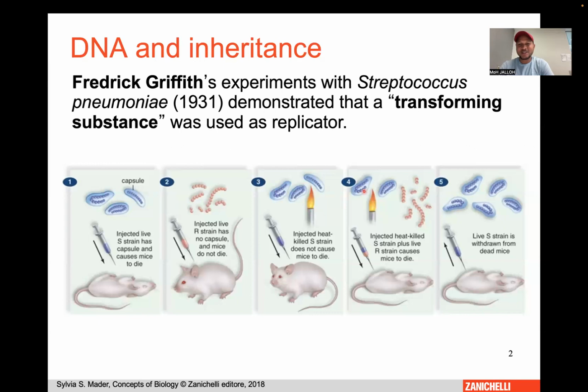Remember, the heat killed smooth strain doesn't kill the mice, and the rough strain doesn't kill the mice on its own. But they mixed the two of them. So if you look in here, it's a mixture of the heat killed and the rough. When they injected the mice, they died.